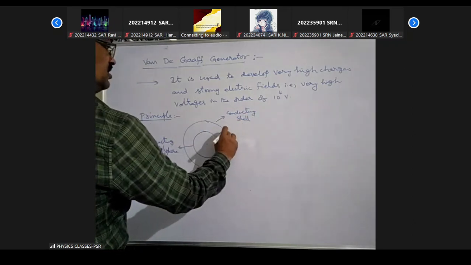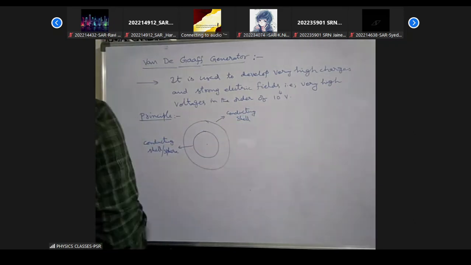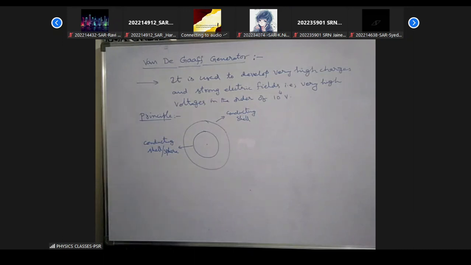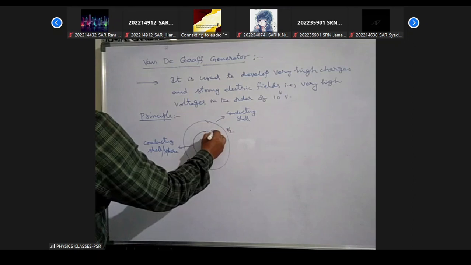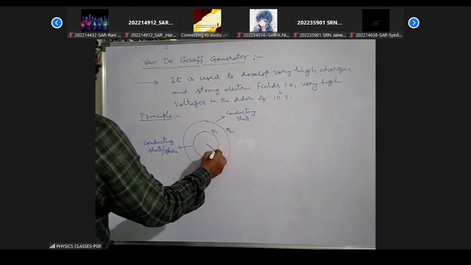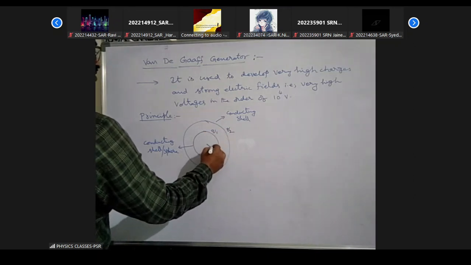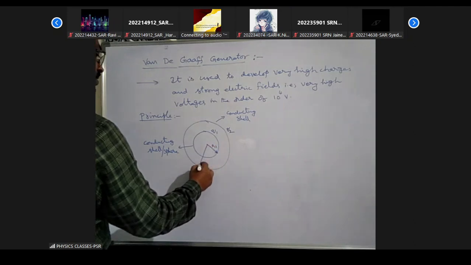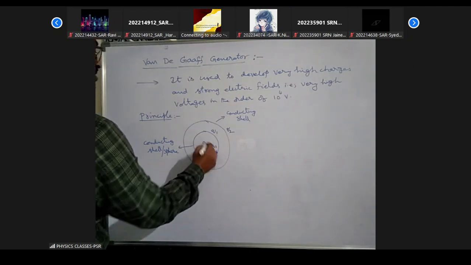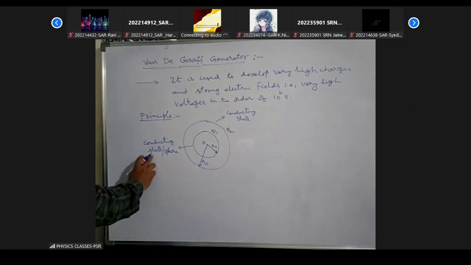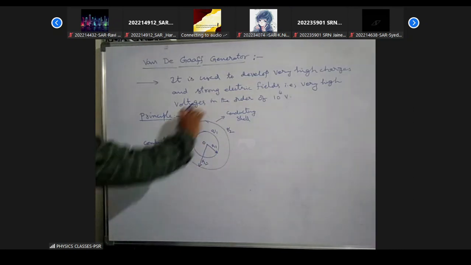The charge on this is Q2. The charge on this is Q1. Let us say its radius is R1, and its radius is R2. This is the concentric center. The inner should be a shell or solid sphere, but the outer should be the shell.